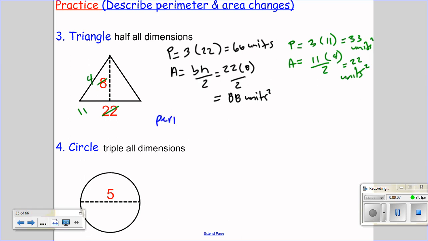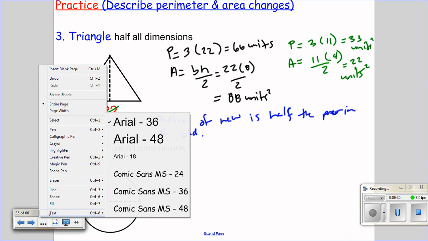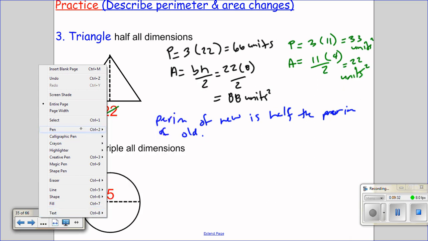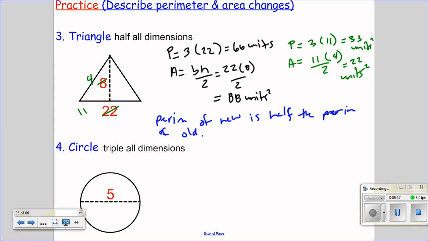So the perimeter of the new is half the perimeter of the old. Let's write the ratio. So it's 33 over 66, which is equal to 1 over 2.